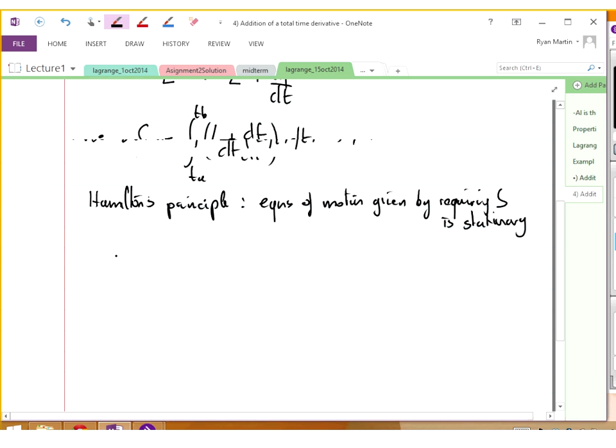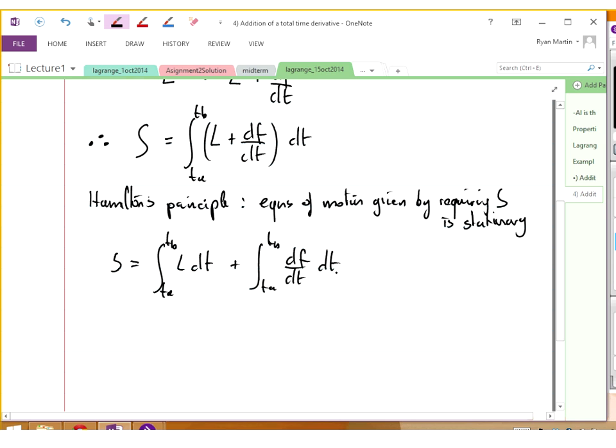Okay. So if I calculate S now, it's the integral of a sum, so it's the sum of integrals, right? So the first integral is what we usually have, and then the second integral from ta to tb of df by dt dt.